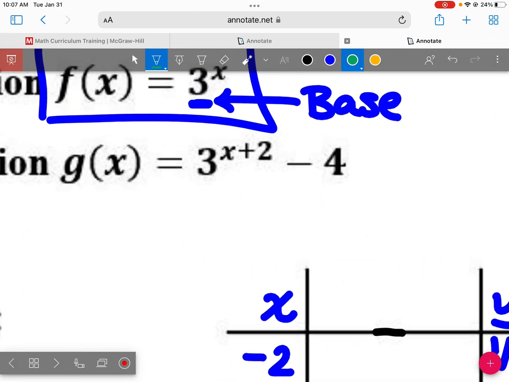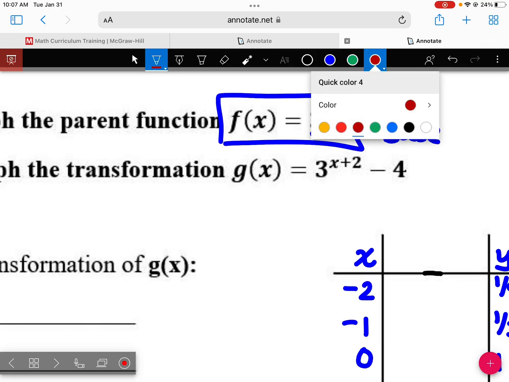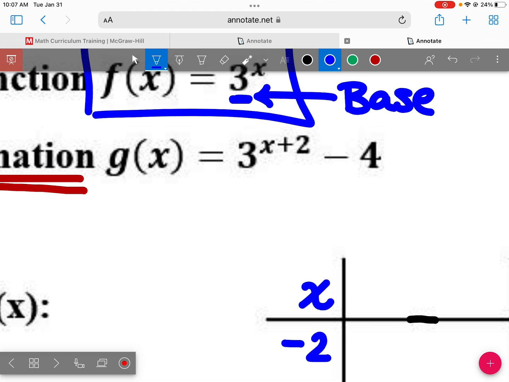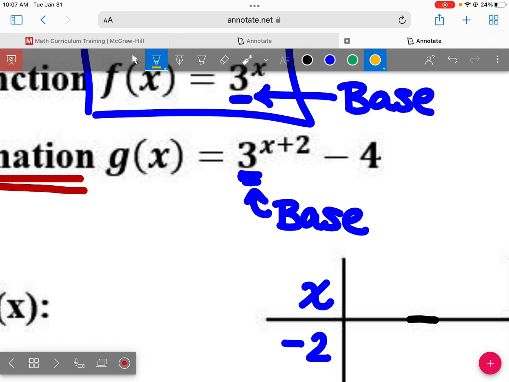In this transformation down here, what is the base? 3. Has to be the same as the parent. This is the base. So where do I go looking for the a value then? In front of that.